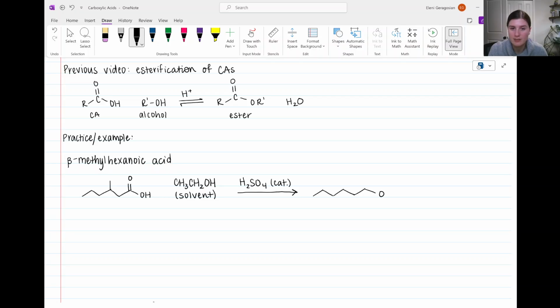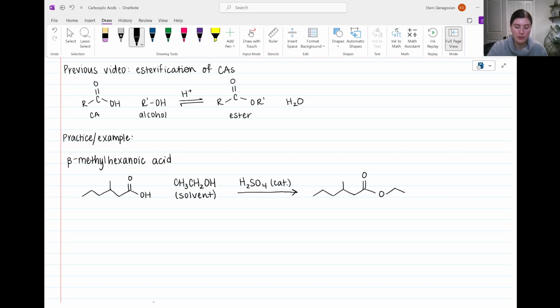It's from the solvent, but it's in the same location, so it looks about the same. Still have the carbonyl, and then now instead of a hydrogen bonded to this oxygen, where we only have one single bond to it right now, instead of the hydrogen being there, the carbon chain from the solvent is now bonded to that. So this is our ester product.